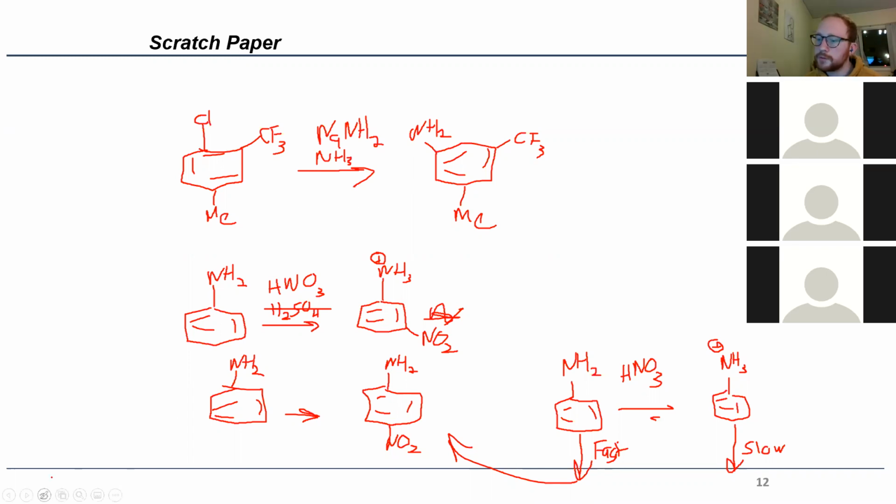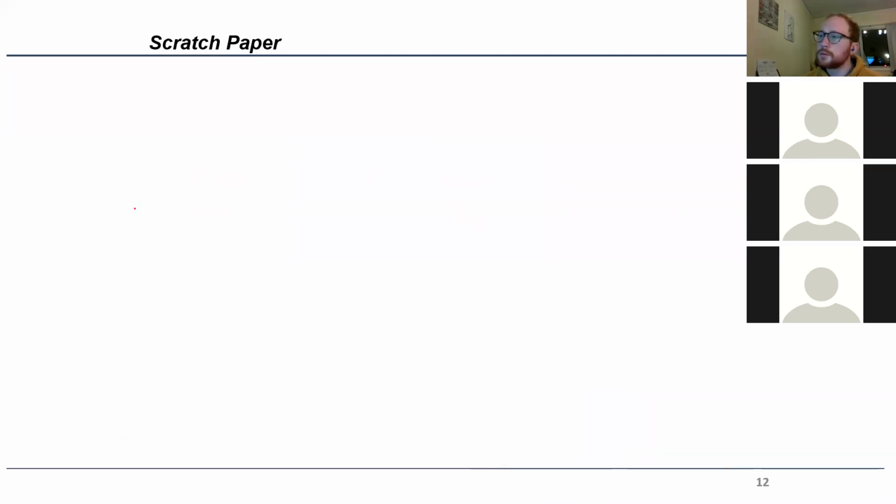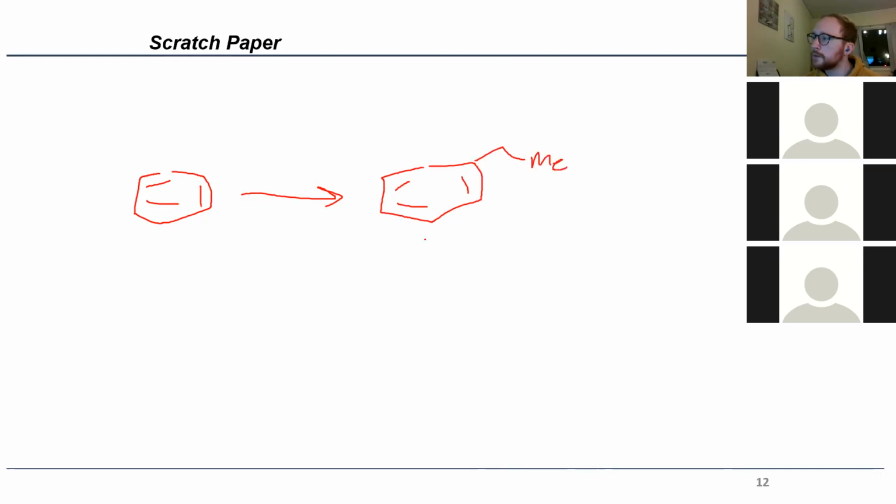Okay, so let's clear the board. Someone asked if there's a faster way to do this. If you have a suggestion, I'd like to hear it, but I don't think there's a very quick way to do this.